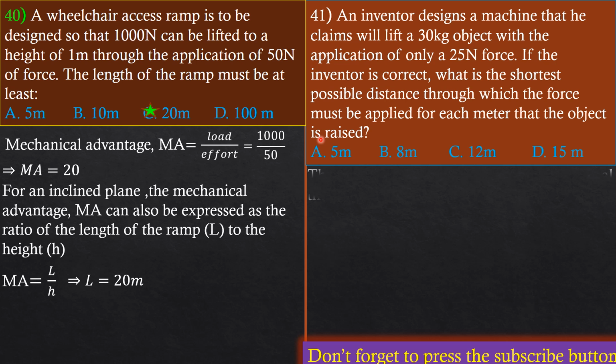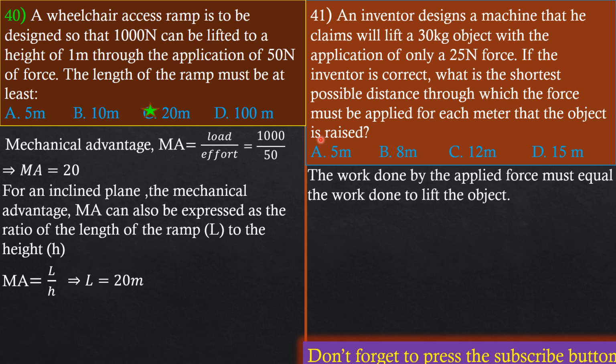Let's know that the work done by the applied force has to be equal to the work done to lift that particular object. The work done by the applied force is given as 25 times d, where d is simply the distance through which the applied force acts.